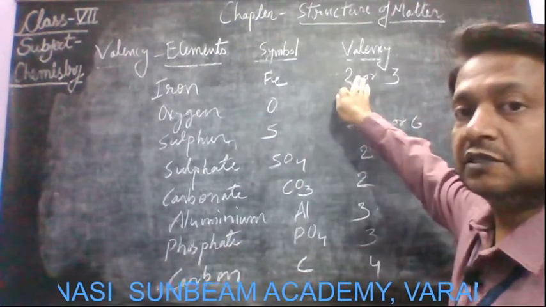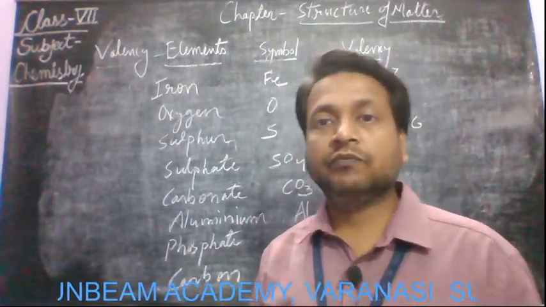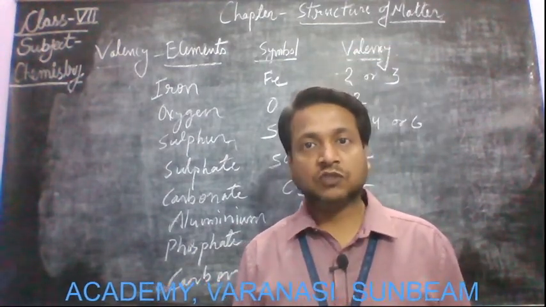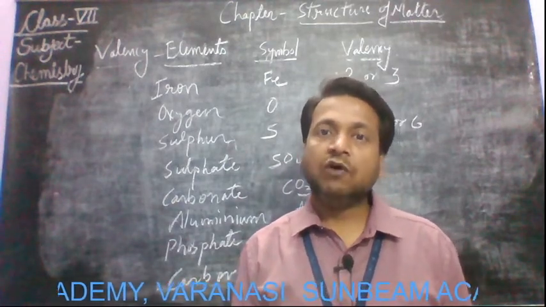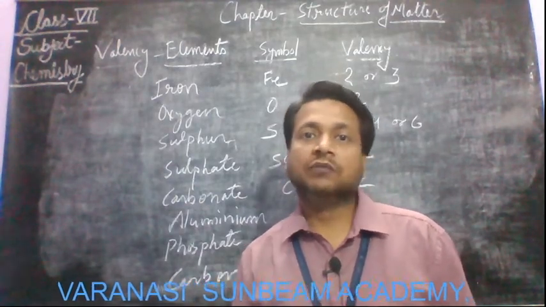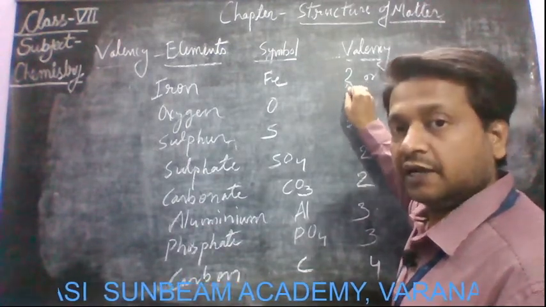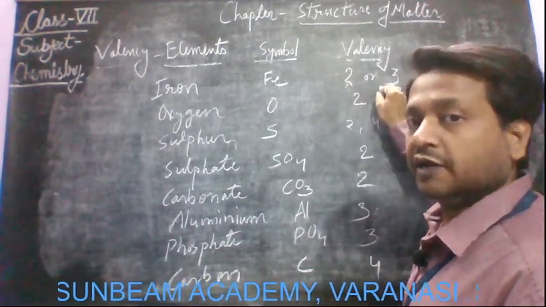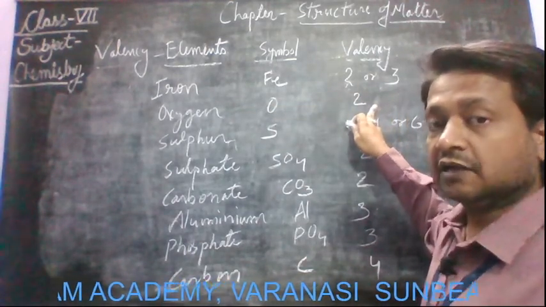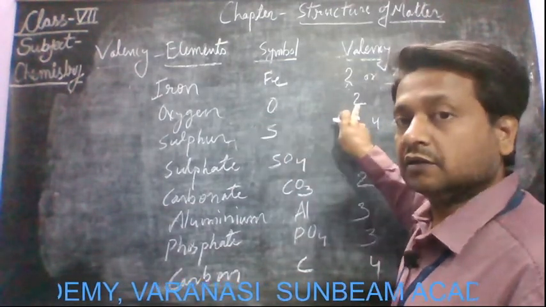Iron, its valency is 2 or 3, meaning it shows two different valencies because it is found in two different forms. The first form has valency 2 and the second form of iron has valency 3. So we can say that one atom of iron can join with either two different elements or three different elements. The valency of oxygen is 2. It means that one atom of oxygen can join with two different elements.